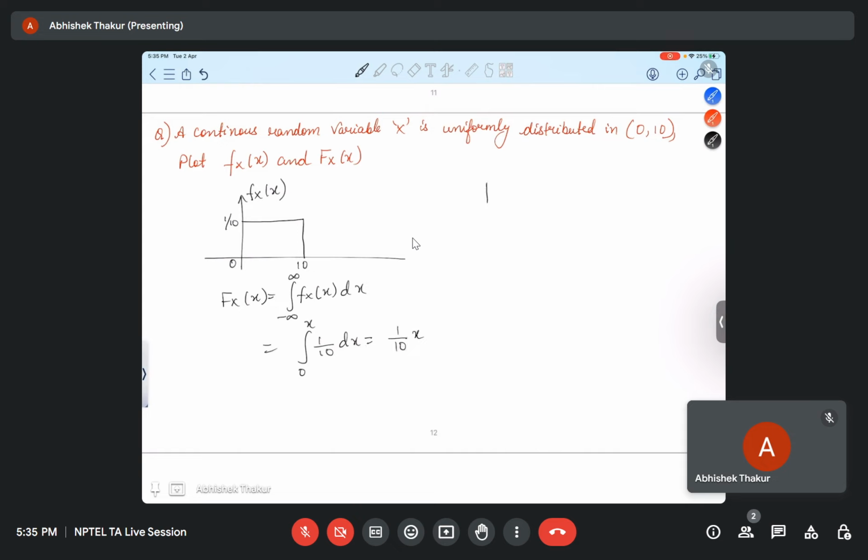Now the maximum value the probability distribution function can take is 1, and this value will occur at 10. Okay. So this is the plot of the probability density function and probability distribution function.